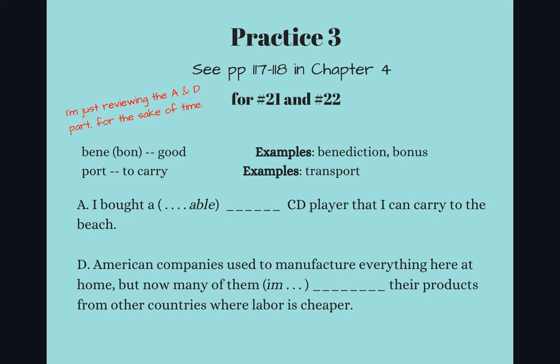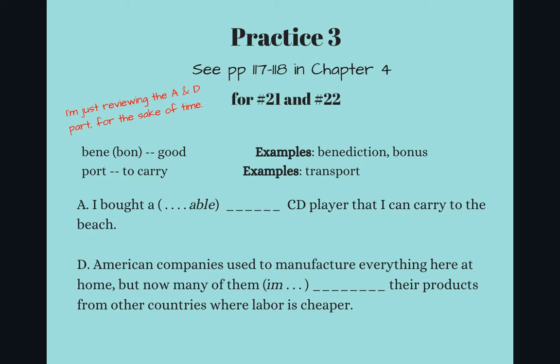All right, so practice 3, you'll see it's on 117 to 118, and we're going to look at 21 and 22. This has to do with bene or bone, which means good or well, and port, which means carry. And for each of these, there's A, B, C, and D. I'm probably just going to do 2 of each of them, but we can certainly go over more during collaborate.